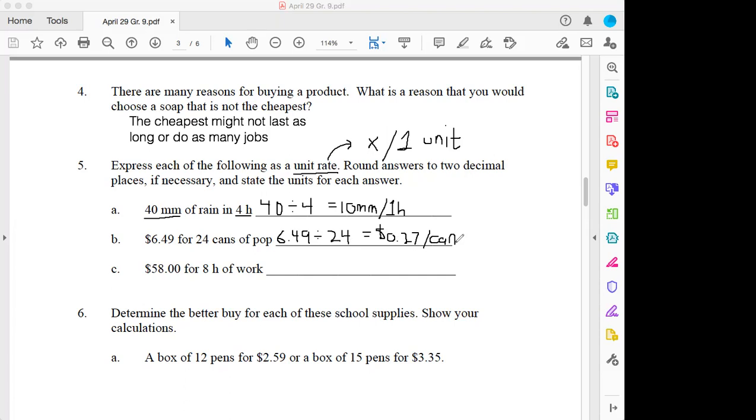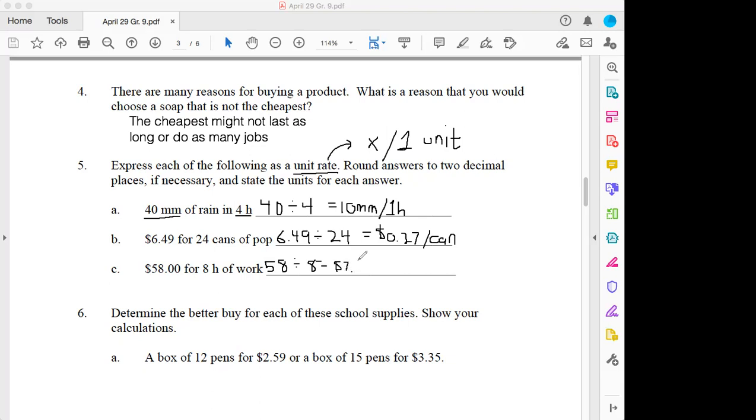Now the following, we've got $58 for 8 hours of work. So you're going to do 58 divided by 8. That means that for 1 hour of work, the person is getting paid $7.25, which is not a lot.